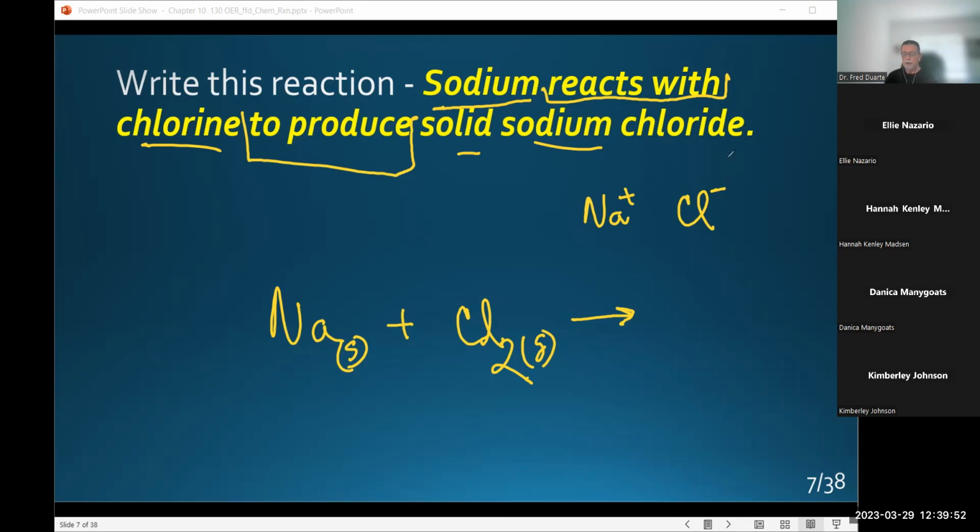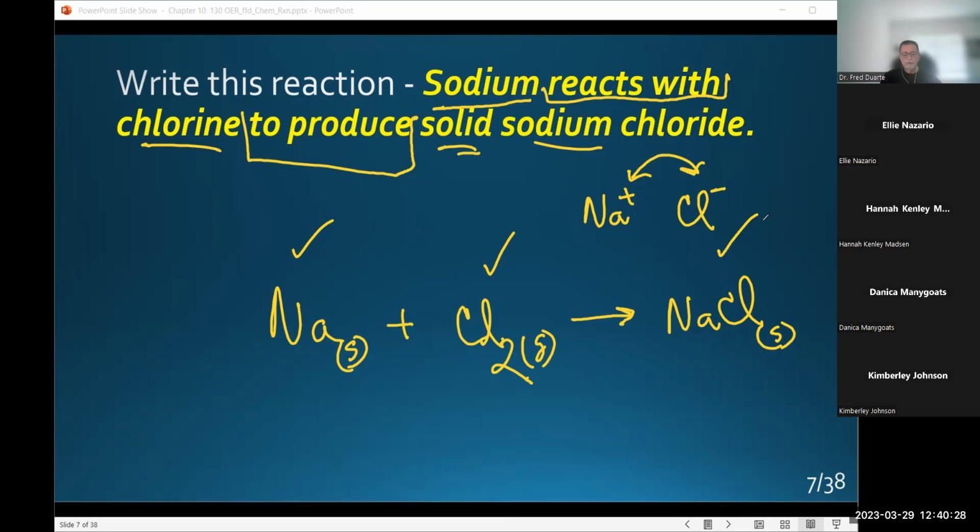All right, now we know all that. Hopefully we are able to put them together in the proper ratio. In this case, it's straightforward 1:1. So the formula is NaCl, and then we're told it's a solid. So we have written the reaction as given by the words: sodium reacts with chlorine to produce solid sodium chloride.